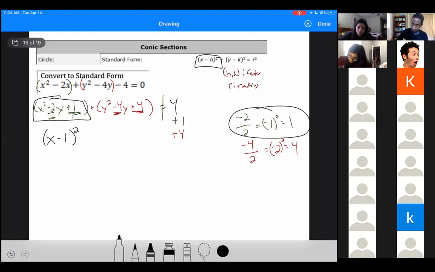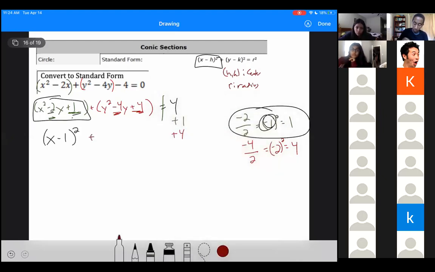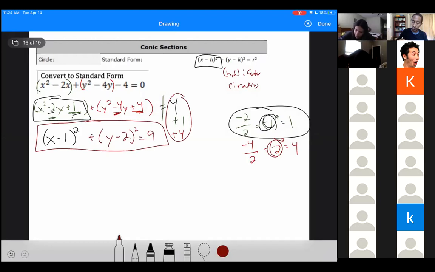We can get that from right here, or we can just look at what two numbers multiply to 1 and add up to -2. And then this one over here will factor to y minus 2 squared. And then you would add all these up. 4 plus 1 plus 4 would be 9. And this is now in standard form.